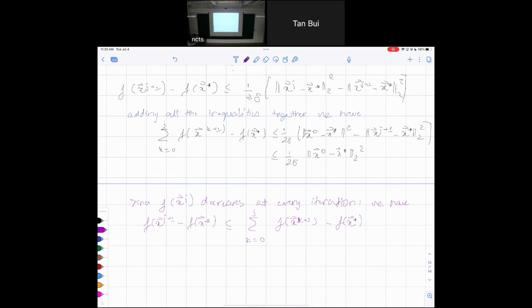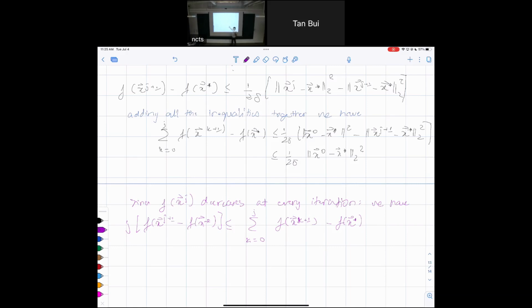And from 0 to j, how many numbers? Is j correct here? On purpose, I made a mistake. So how many terms are in this sum?